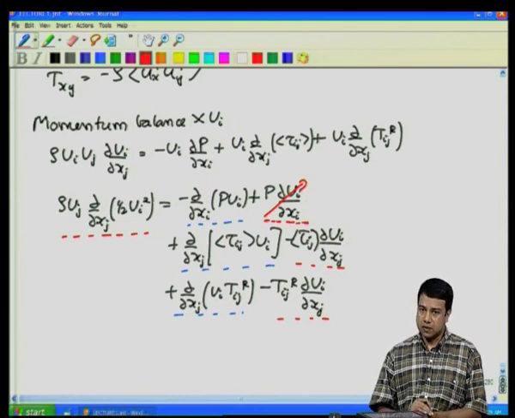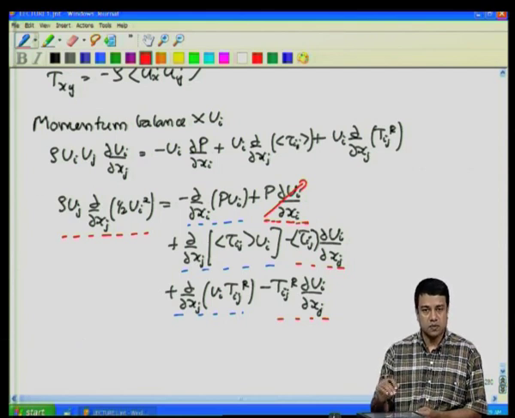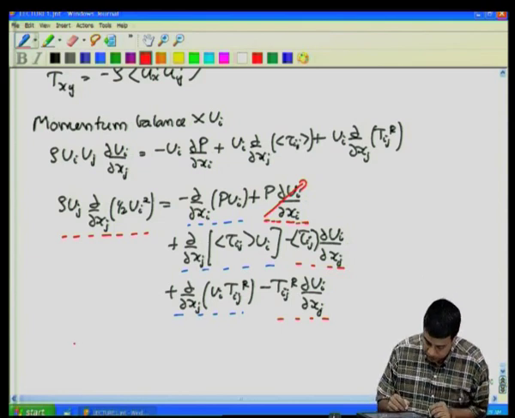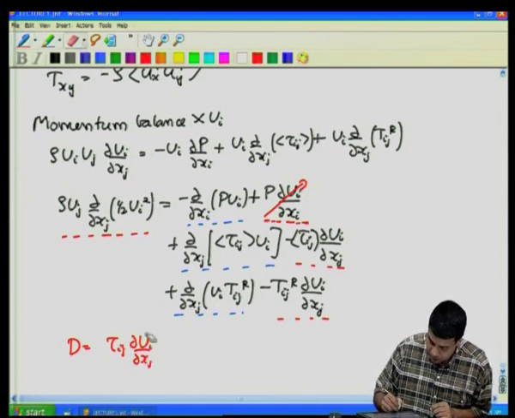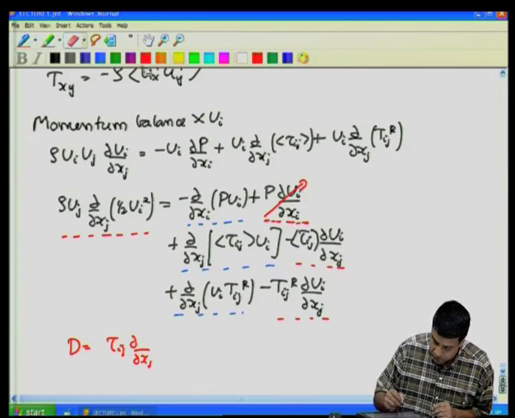If you recall, when we did the energy balance argument, we said that this was, for the fluid velocity, the viscous rate of dissipation of energy. The dissipation of energy was equal to tau ij times partial ui by partial xj, where ui was the fluid velocity itself.